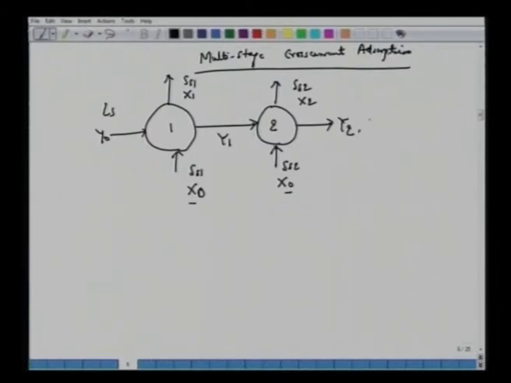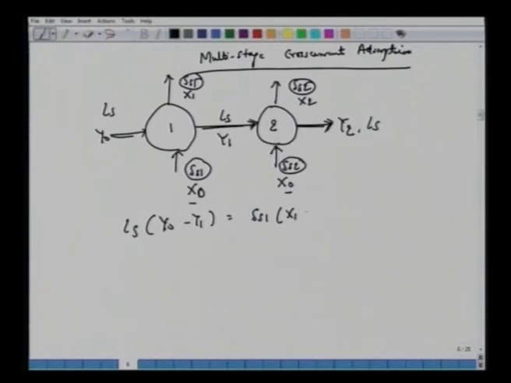The flow rate Ls will remain the same throughout, because we have solid free bases, so Ls is the same here. Similarly Ss1 and Ss2 remain unchanged, only the mole fraction changes. We are working on solid free bases. Again for stage 1 you can write a balance here, Y0 minus Y1 equal to Ss1 times X1 minus X0.